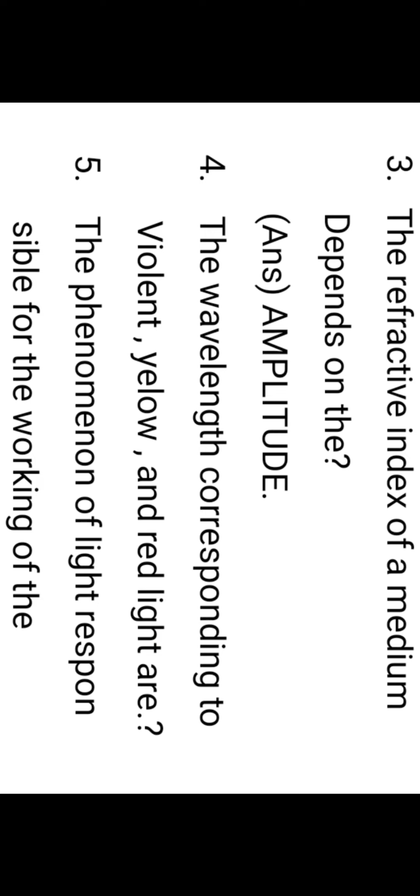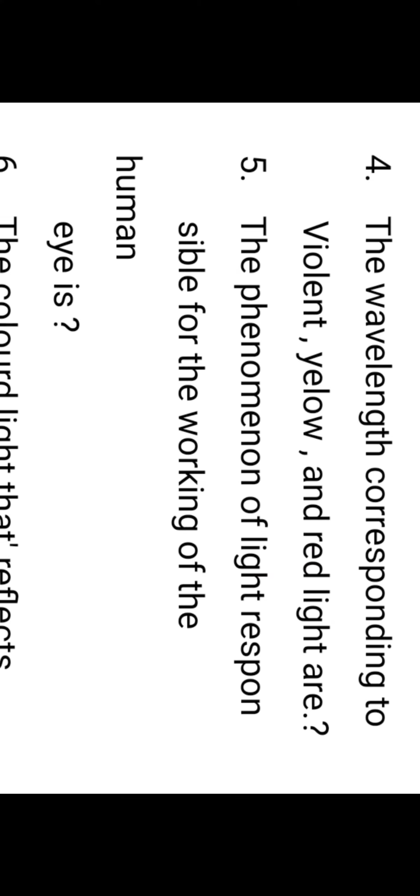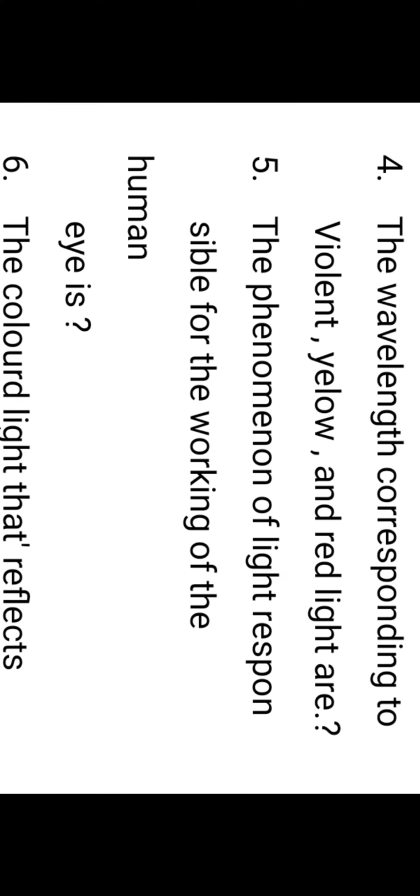That is the answer. The next question: the wavelengths corresponding to violet, yellow and red. The right answer is that red light is greater than yellow, and yellow light is greater than violet. This is also a most important bit.